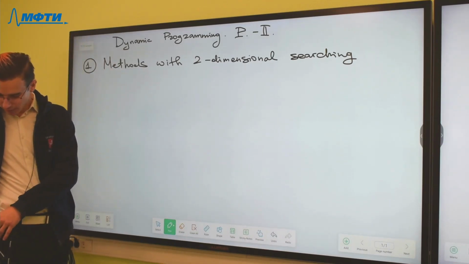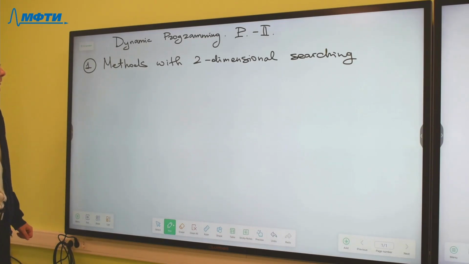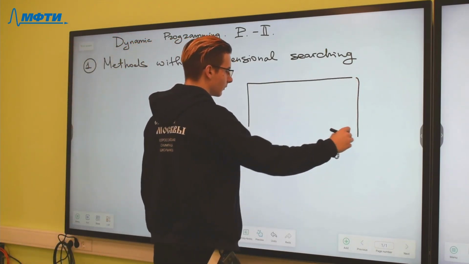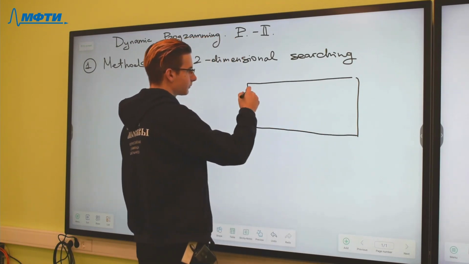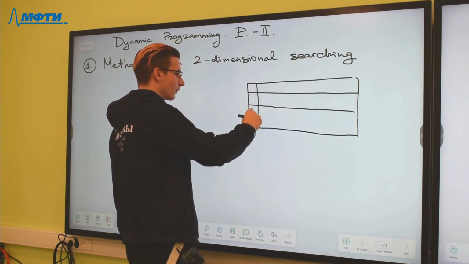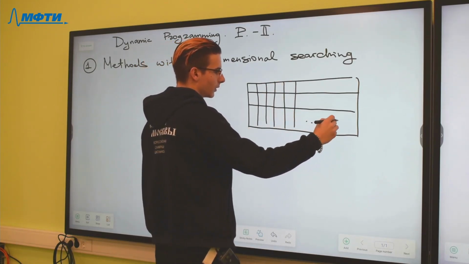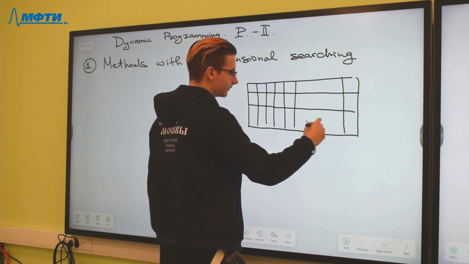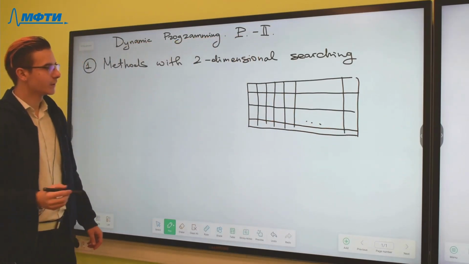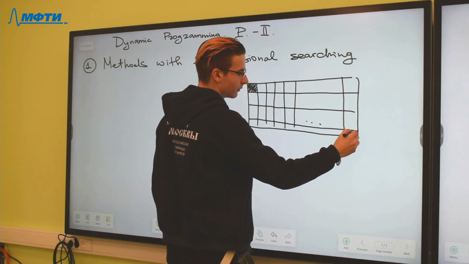Firstly, we can remember the task when we have the matrix, and we try to find places between this cell and this cell. Remember it?